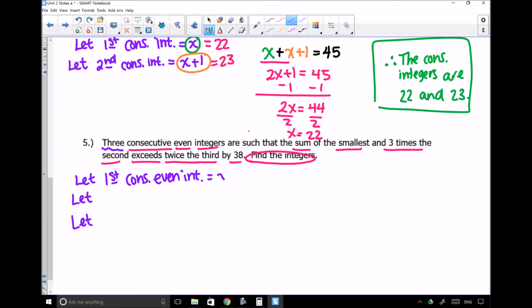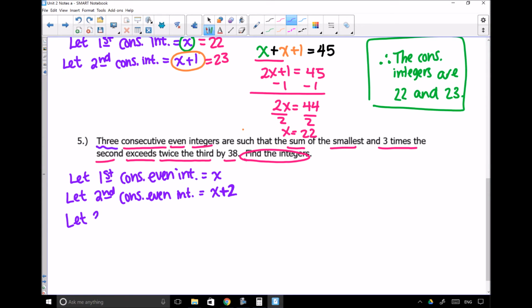So that means that the second consecutive even integer, remember to go from one even number to the next, we have to skip, so we're going to say x plus 2. And then we can say let the third consecutive even integer equal x plus 4. Okay? So now that we've written our let statements, we need to write our equation.